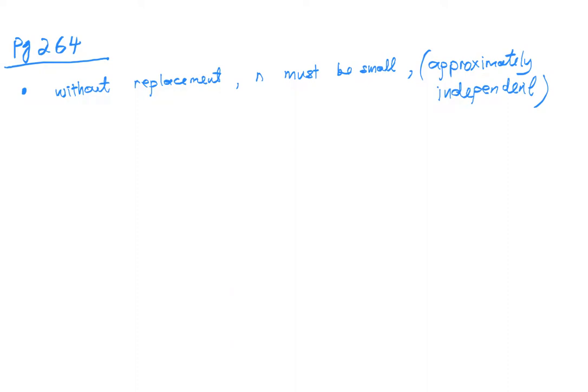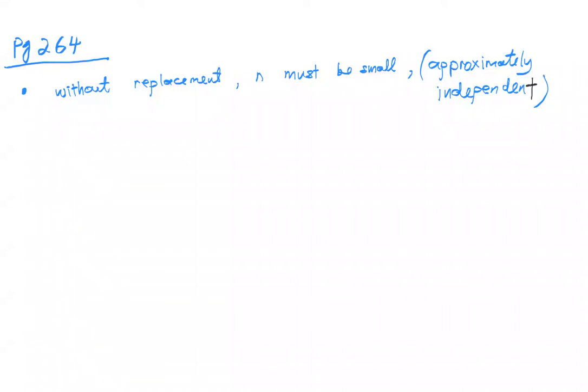We know that our sample must be a random sample, correct? A random sample means everyone must have an equal chance to be selected. So approximately independent here means every element will have an equal chance to be selected. Are you clear?